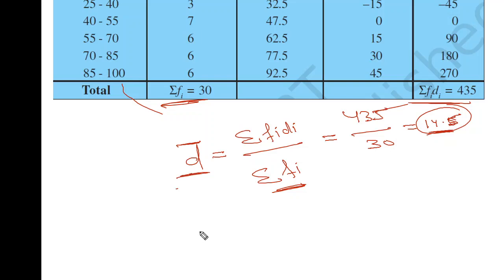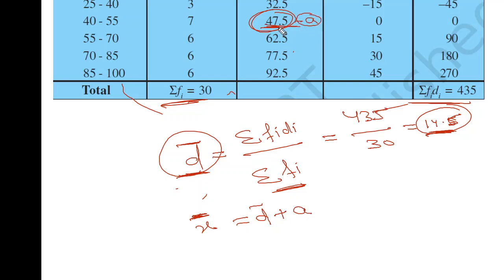Okay, so we don't need the deviated mean, we need the mean. If you can remember, we had subtracted this 47.5 from all the observations.